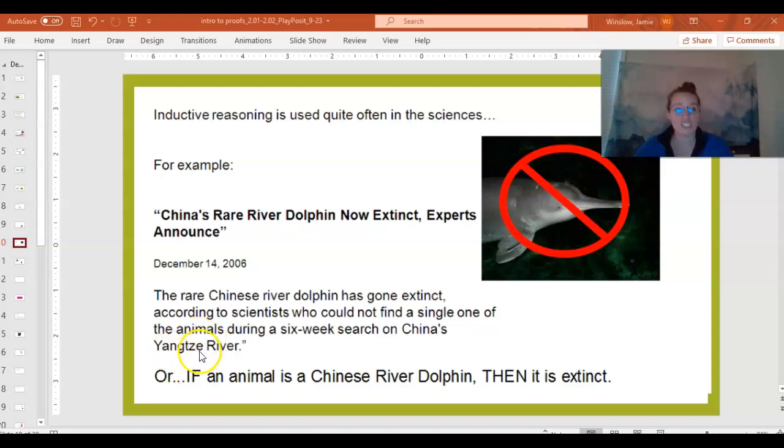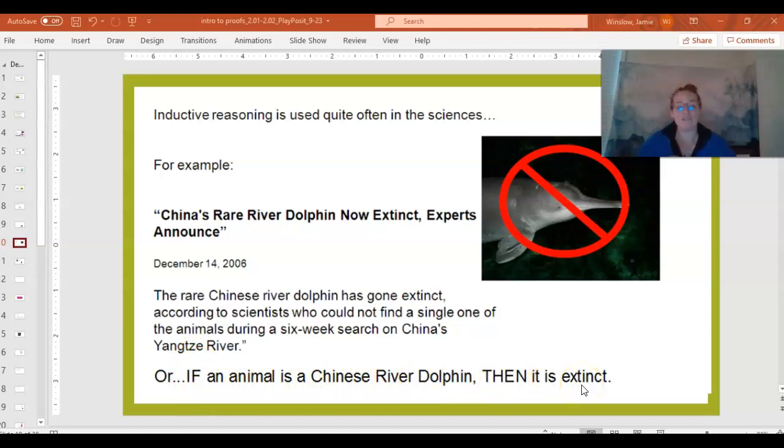So they searched for 6 weeks and could not find a single one. They took all of those observations, probably did it in shifts, and said, they're not here. So if an animal is a Chinese river dolphin, then it is extinct.